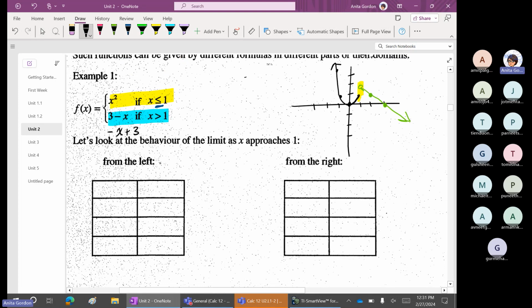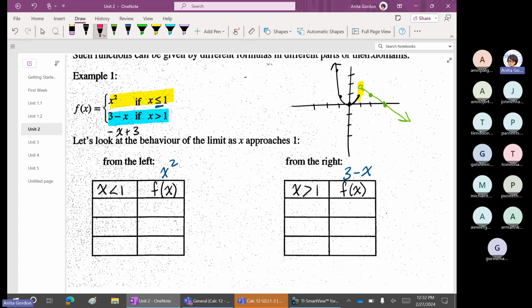From the left, we want x is less than 1, and we want our value to be f of x. From the right, we want x to be greater than 1, and what is the value of f of x? In this case, f of x is x squared, and in this case, it's 3 minus x.